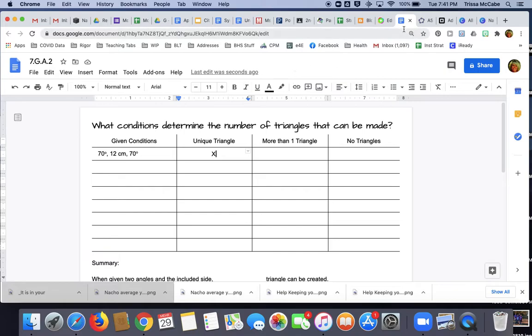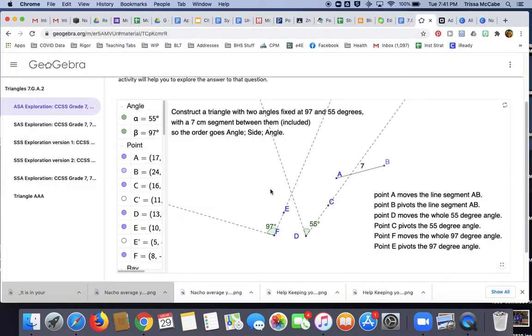So what we're going to do today is we're going to look at some interactive websites here with GeoGebra. And the first one we're going to look at is another one very similar to the one that we just did in mid-school math.